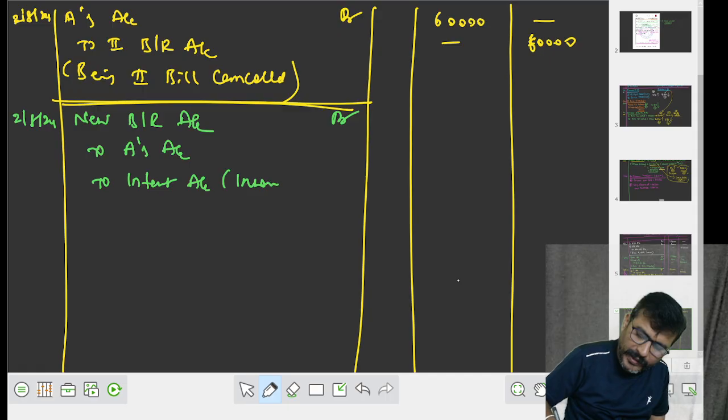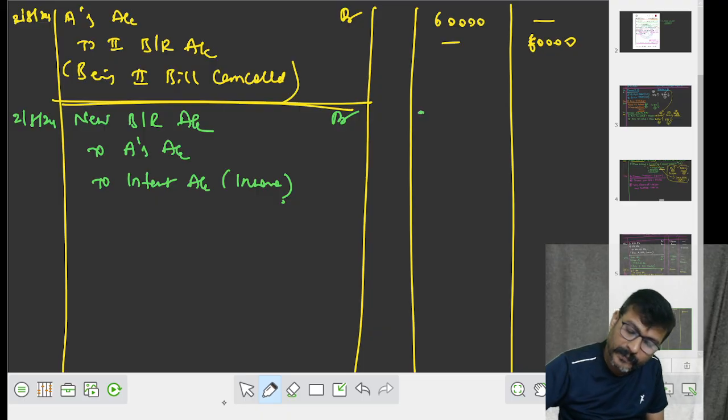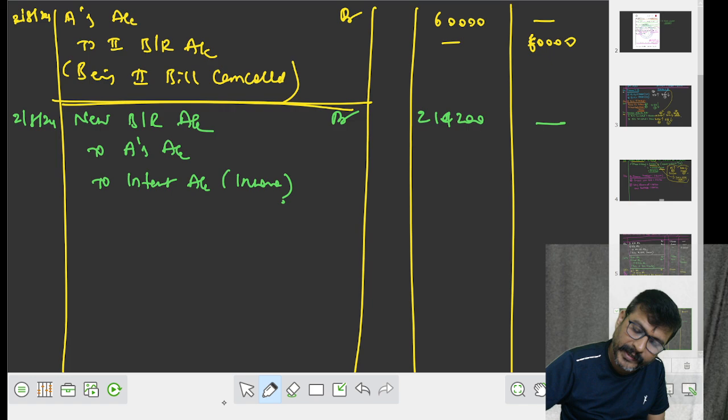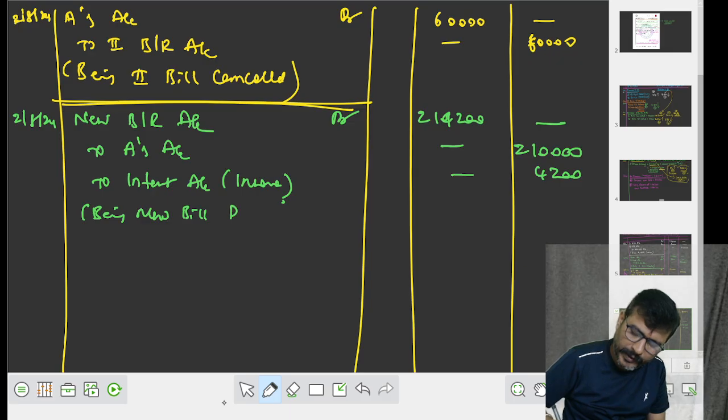Interest is what? Income. कितना अमाउंट लिखना, 2,14,200, 2,10,000, 4,200. Being new bill drawn.